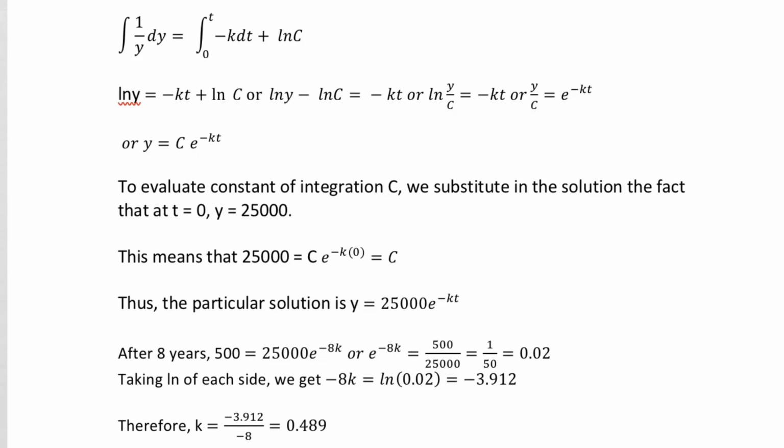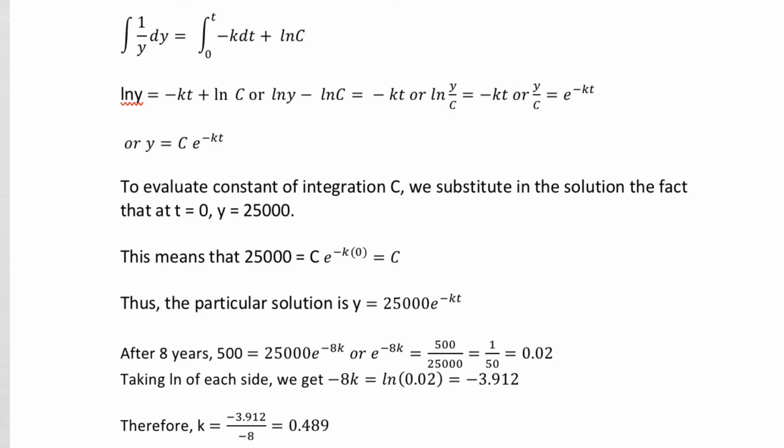Integration will give integral of 1 over y dy is equal to integration from 0 to t of minus k dt plus ln of c. Ln y is equal to minus kt plus ln c.